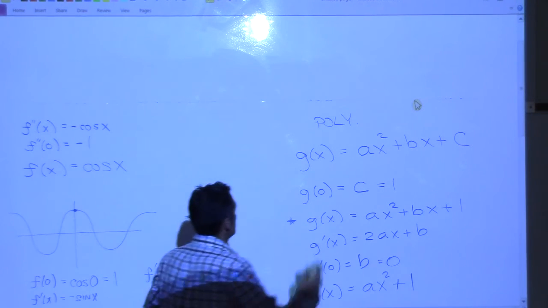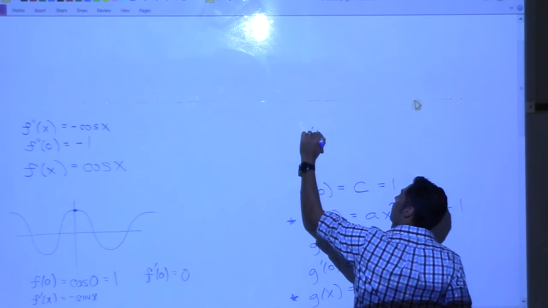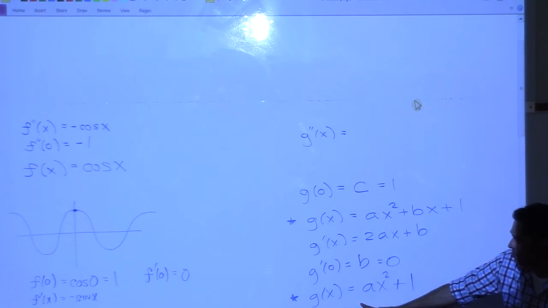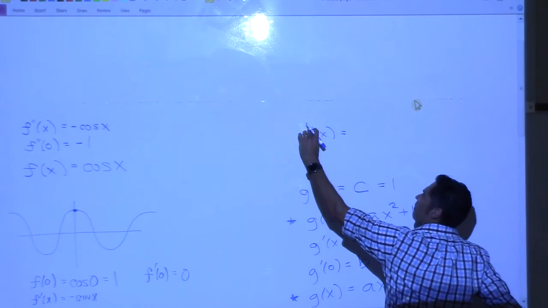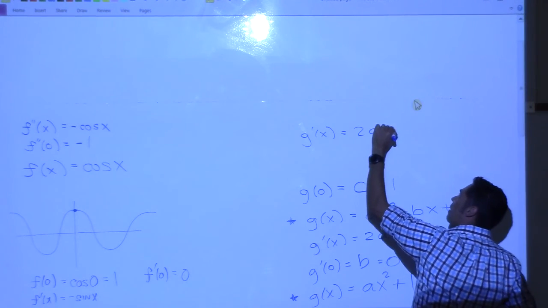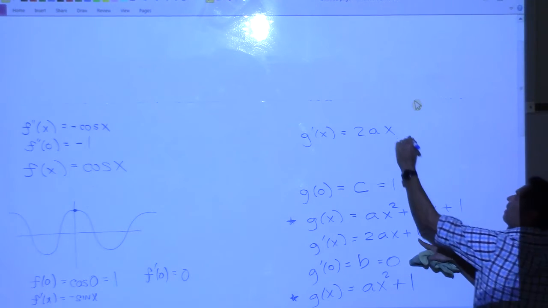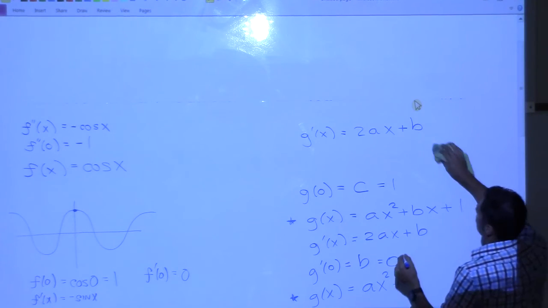Okay, so let's do our second derivative of g. Here's where we are, that's g, right? Let me do the first derivative first. It's just 2ax plus b, that's our first derivative. But b was what? 0, okay.